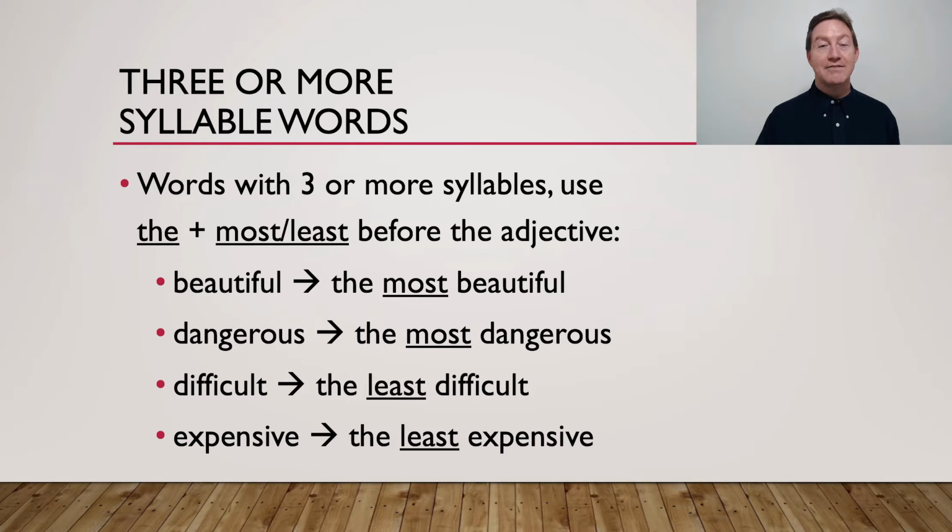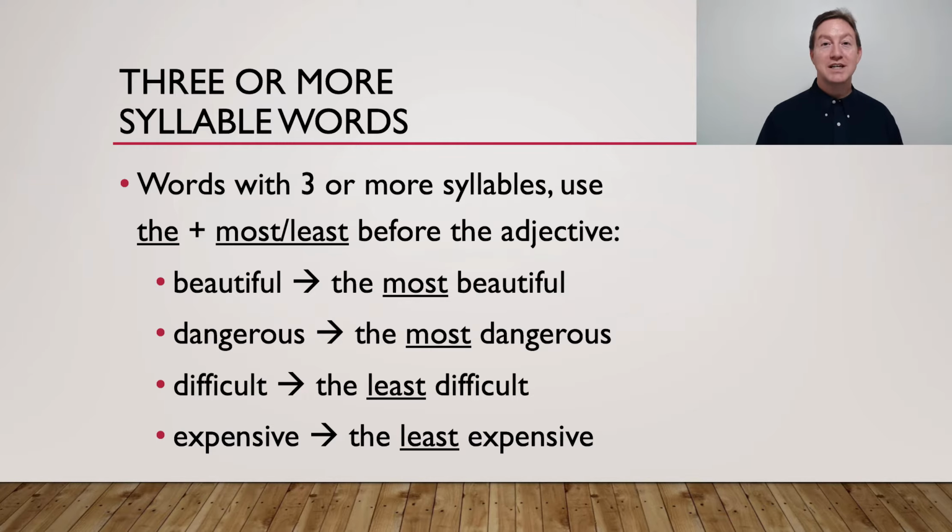And again, if we have adjectives that are 3 syllables or more, then we would do the same thing as the last rule for 2-syllable words. Add the plus most or least and the adjective. So beautiful, three syllables, becomes the most beautiful.